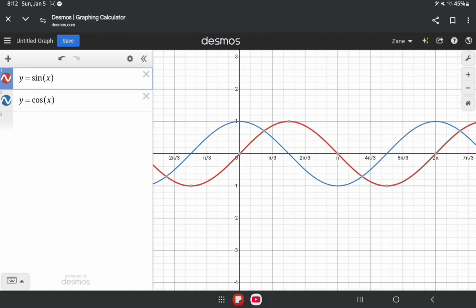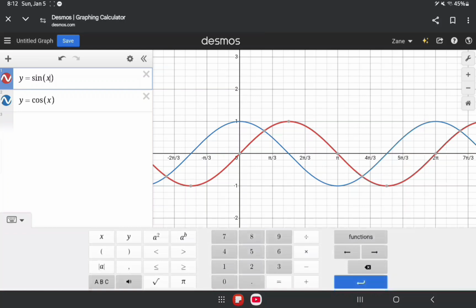The reason I'm mentioning this is because when writing an equation for a graph, if you're not told to use either sine or cosine, both will work, but the equations will look different just because one of them does have a horizontal shift, and that would be the sine x graph.